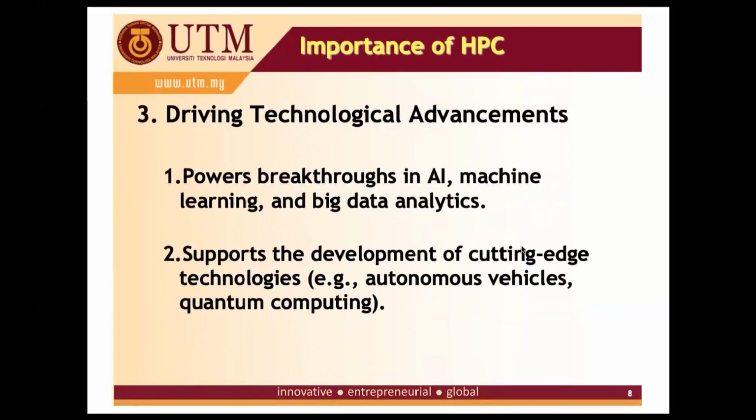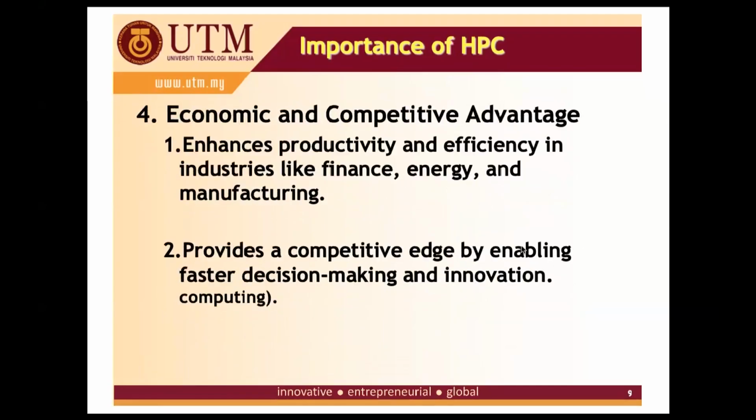So this is the advanced, driving technological advance that we're going to use HPC for. And for economic and competitive advantage, first enhances productivity and efficiency in industry, for example, finance, energy, and also manufacturing. Second, provide a competitive edge by enabling faster decision making and innovation.